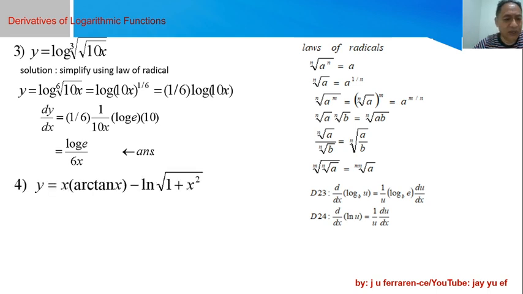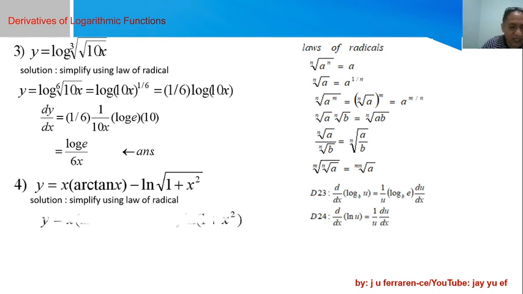Now, in number 4, we are given a function which contains different types of functions. There is algebraic, there is an inverse trigo, there is a logarithmic function. So before I differentiate this, in order to avoid using the law involving square roots, or maybe involving power, we can simplify first our logarithmic function.